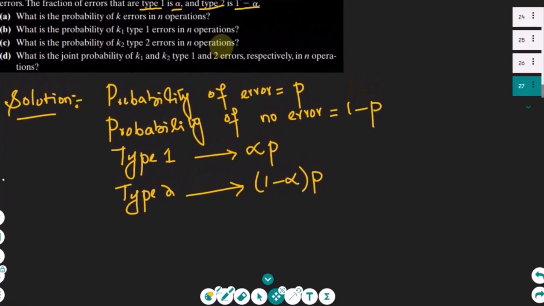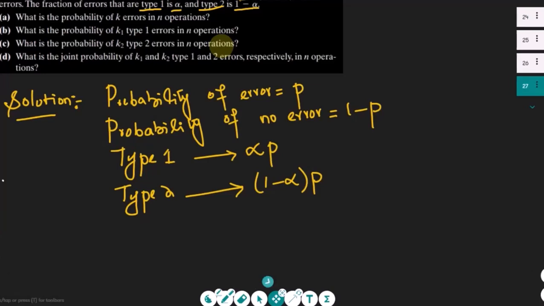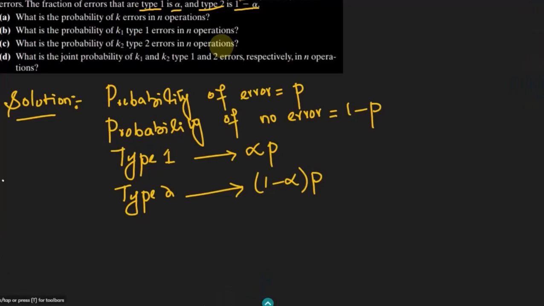So we have to find out what is the probability of k errors in an operation. Okay, so this is the first part of our question, part A, where we have to find the probability of k errors in n operations.